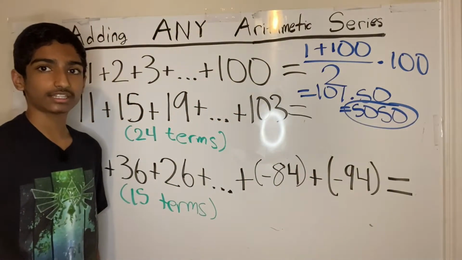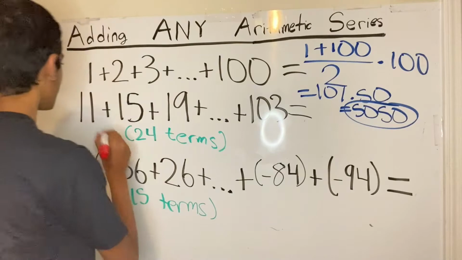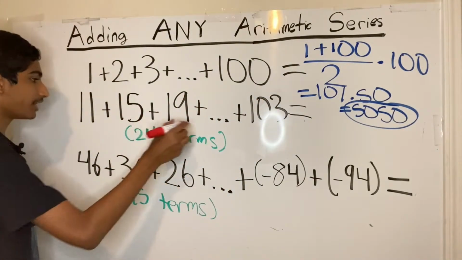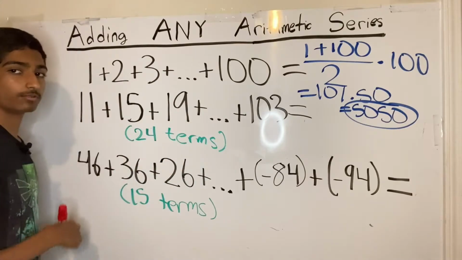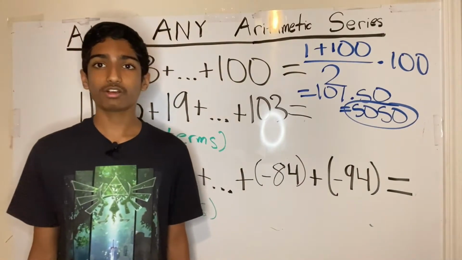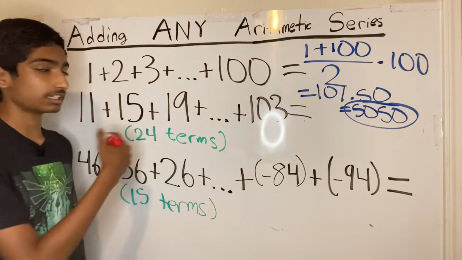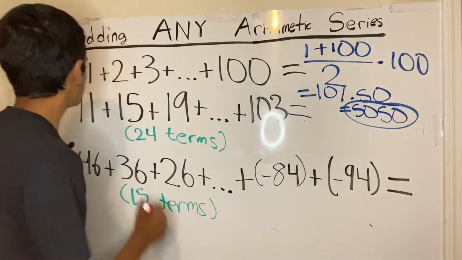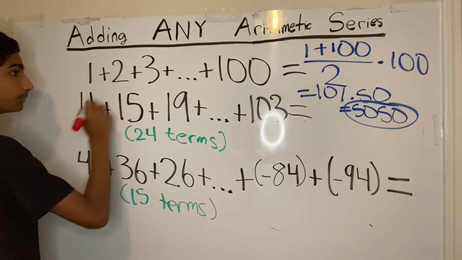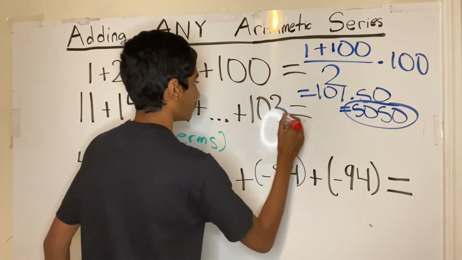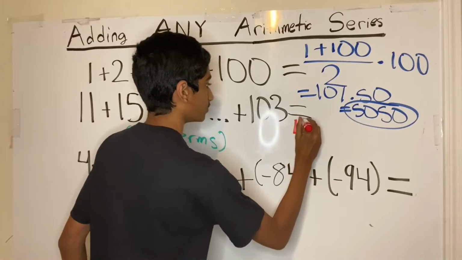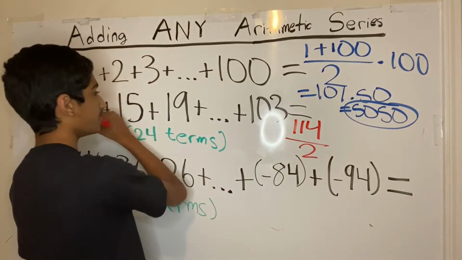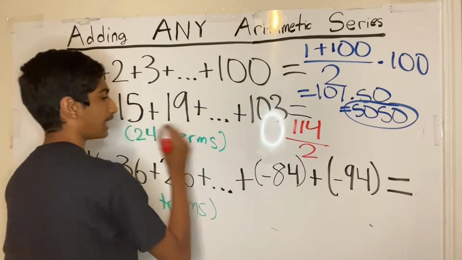Now let's look at the second example. In this example, we have 11 plus 15 plus 19 plus ... plus 103. They give us the number of terms here, which is 24. I'll cover a video about how to find the number of terms in an arithmetic series later. But for now, let's get on with the example. We do the first term plus the last term, all divided by 2, which in this case is 114 over 2, because 11 plus 103 is 114, times 24.